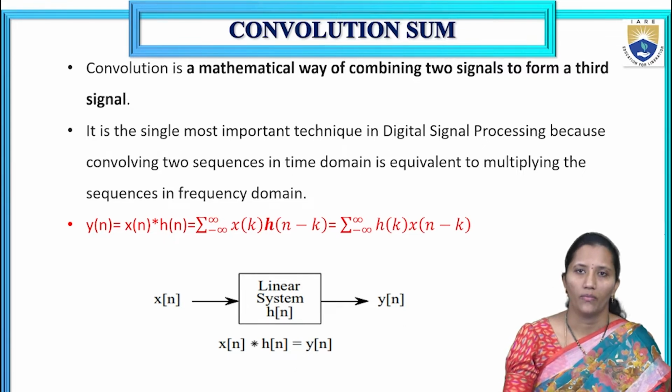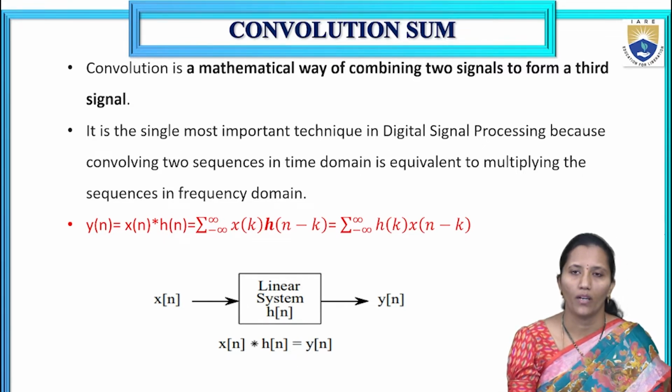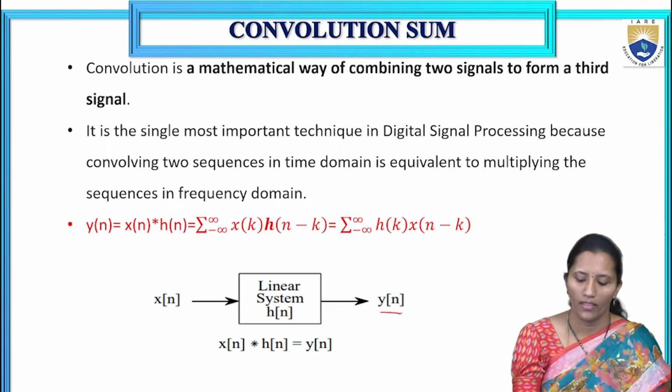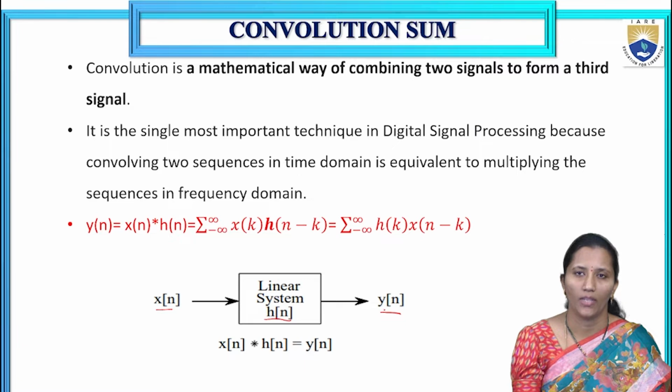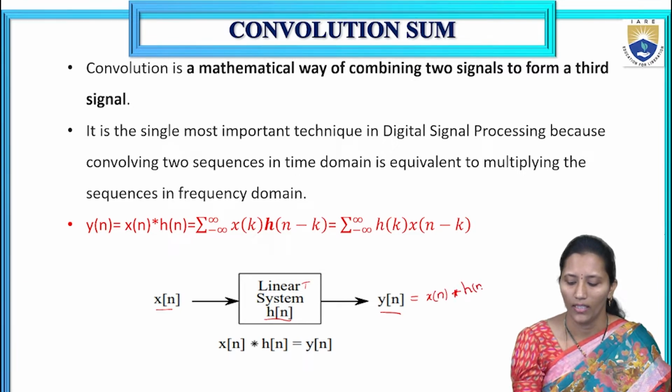So if we take any LTI system, to find the response of the LTI system y of n, if the input of the LTI system x of n and the impulse response h of n is given, then the output response of the LTI system, linear time invariant system, that is y of n, will be calculated by the convolution sum, that is x of n convolved with h of n.